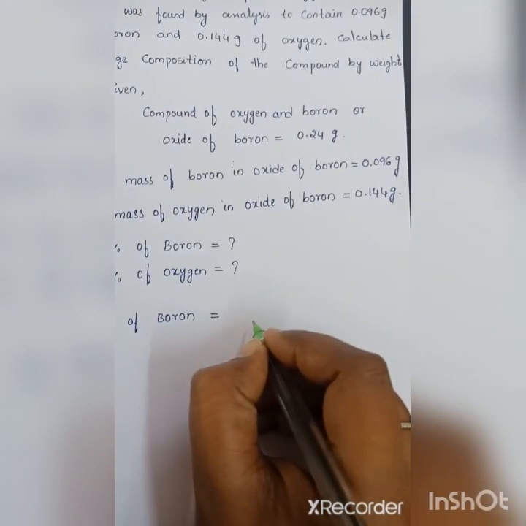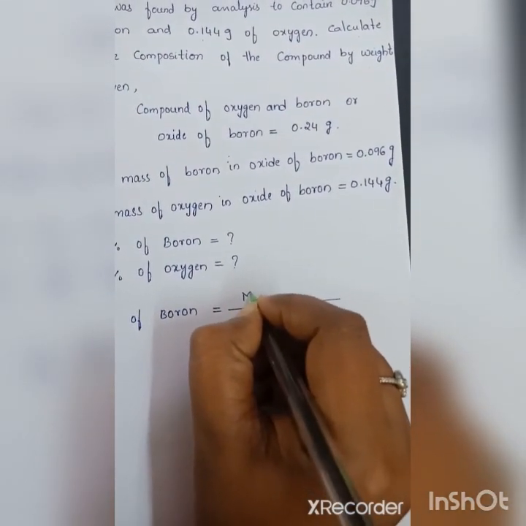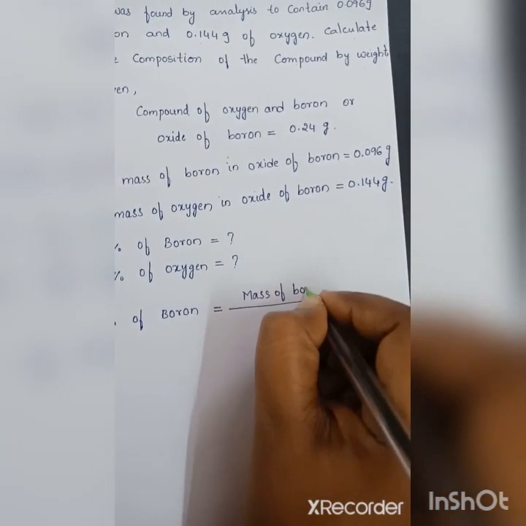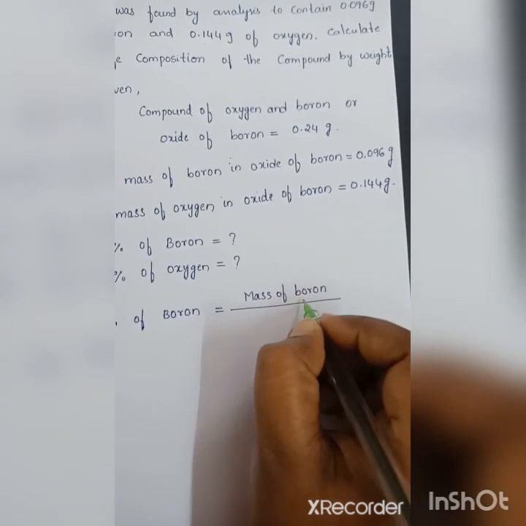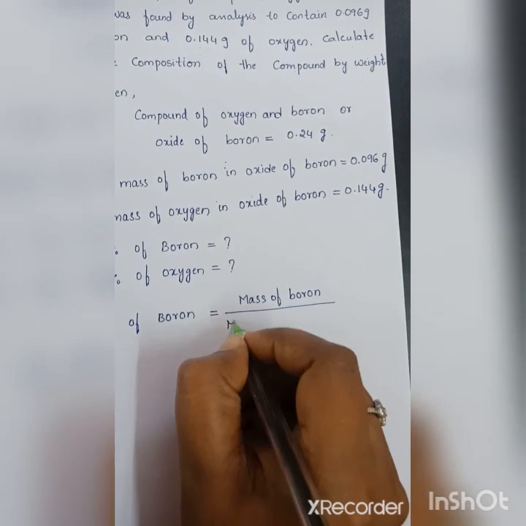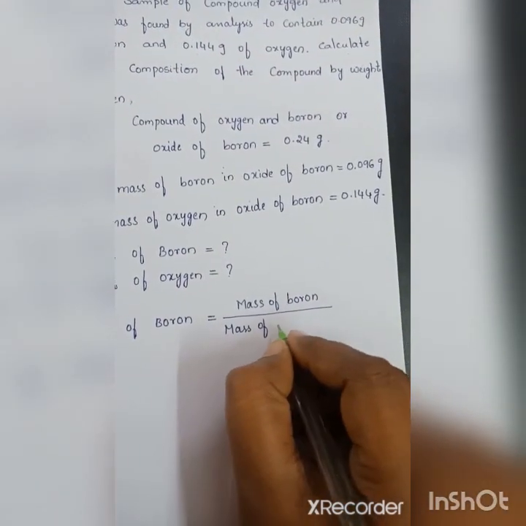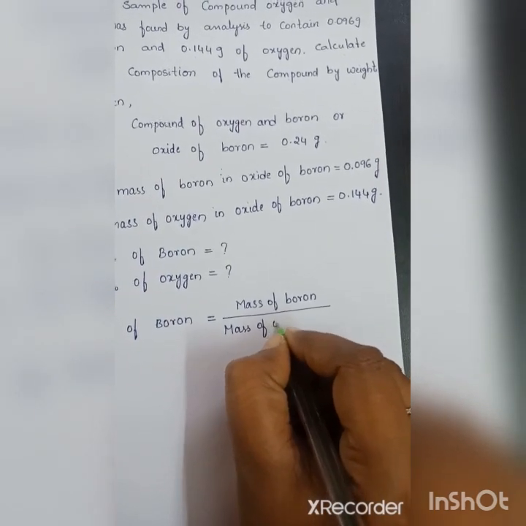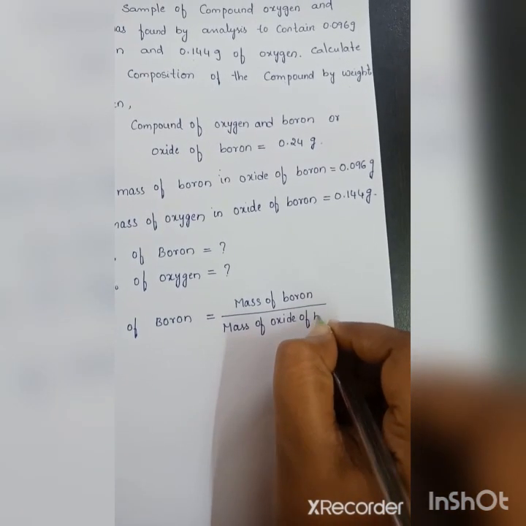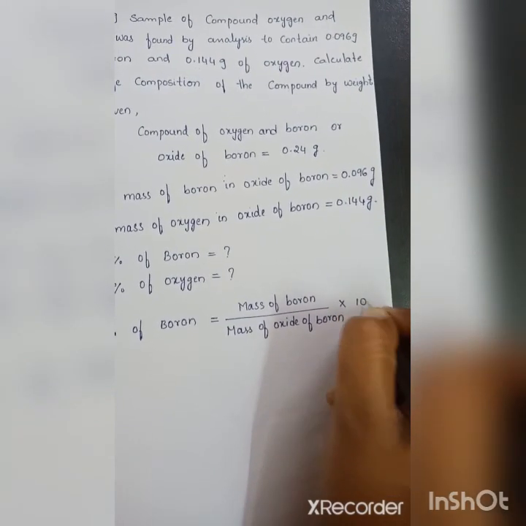So, first find the percentage of boron. Percentage of boron from the compound, how to calculate? First write the formula. Mass of boron, that is how much mass is present in the compound, by mass of compound of boron and oxygen, that is mass of oxide of boron, as it is, percentage into 100.